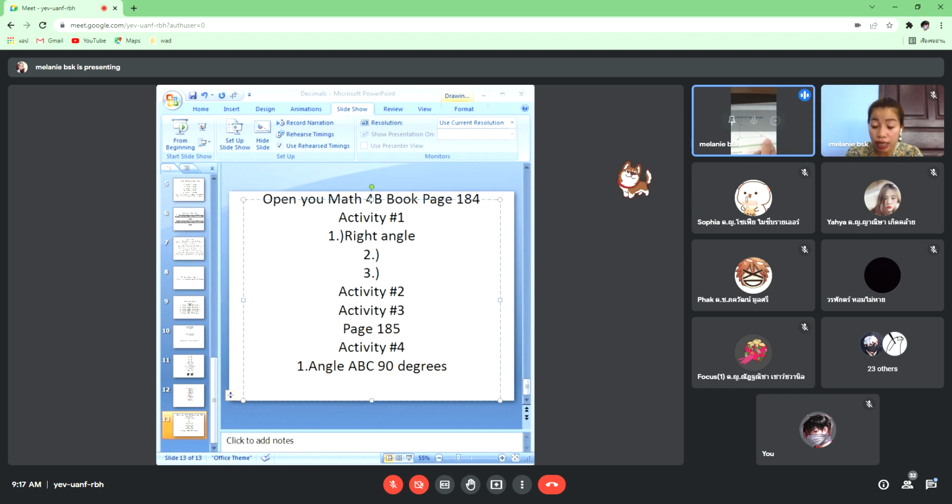The vertex is always at the center. How many degrees does angle BCA measure? How many degrees is it, children? B, C, A, how many degrees? Anybody? 30 degrees.